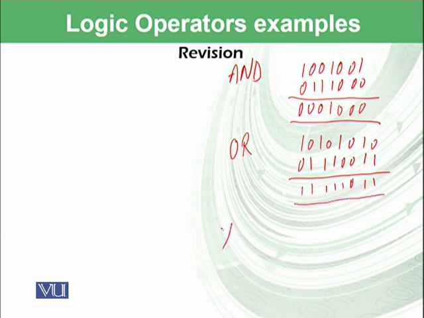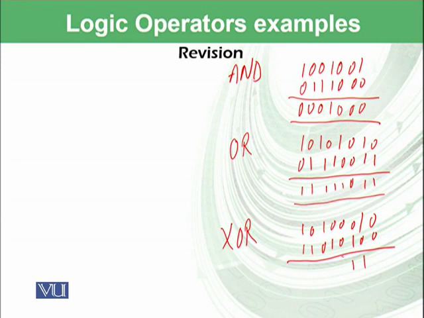And then there was exclusive OR. This exclusive OR gives you 1 if only one of the inputs is 1, but when both of the inputs are 1, it gives 0, and when both of the inputs are 0, it gives 0.